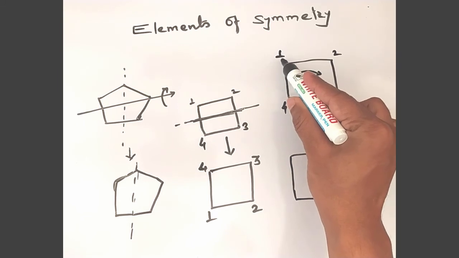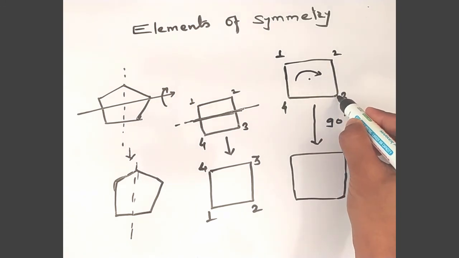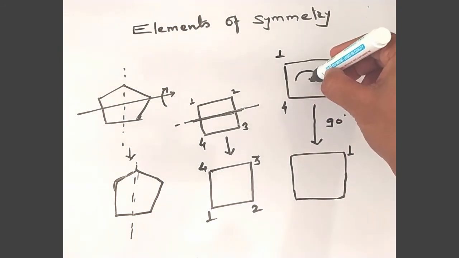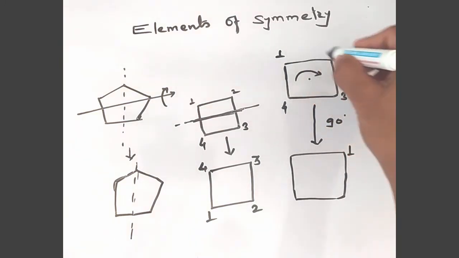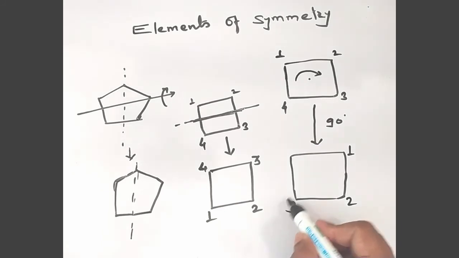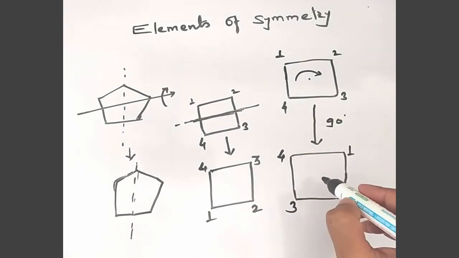Number 1 will shift to the place of number 2, number 2 will shift to number 3 and so on. So, as I said, after rotating a square by holding it from above, if I rotate by 90 degrees, these atoms will shift. Now friends, what does this mean?